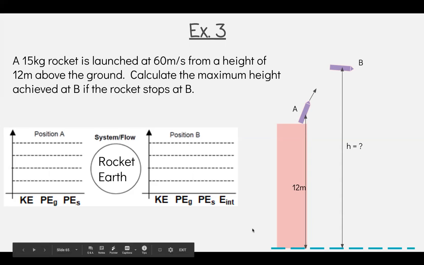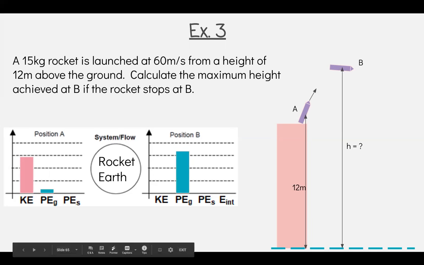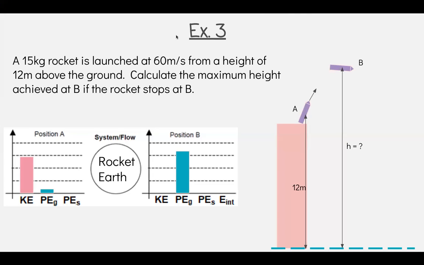It's going to be the rocket Earth system. At A, it is moving at 60 meters per second and it's 12 meters above the ground. But at B, it is stopped. So 0 kinetic, all gravitational potential. And for all of the problems that you and I are working on mathematically, we're making this assumption that there's no loss to heat.